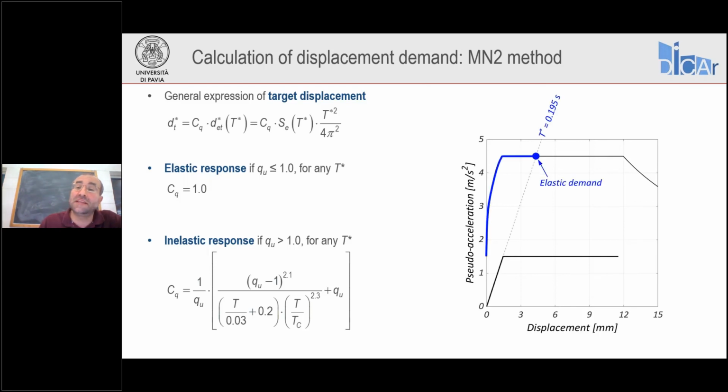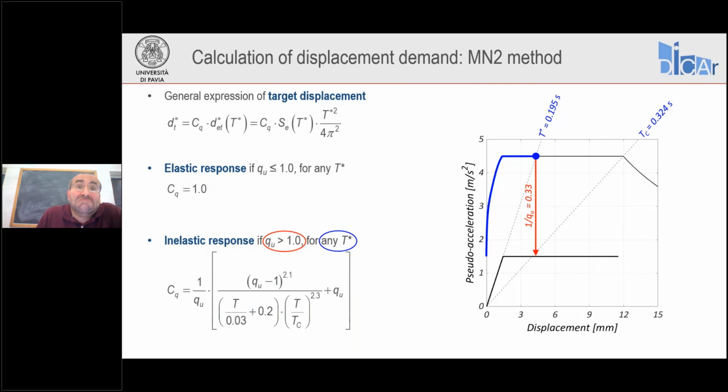So we start evaluating the elastic demand for the elastic period of the bilinear relationship associated with the SDOF oscillator, as we did before. We find the Q factor, the strength ratio. Again, in this case, it's going to be equal to about 3.